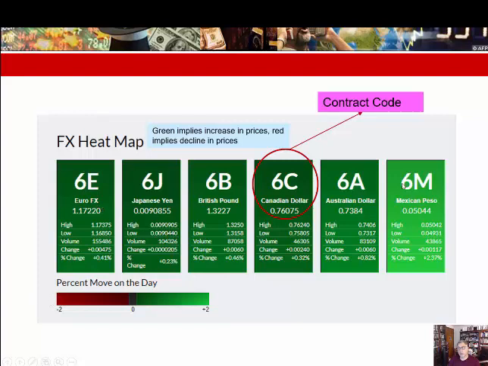So for each of these contracts, the US dollar price of each of these currencies has increased. As a result, we have greens in each of these contracts. The largest increase occurred in the Mexican peso in dollar terms, so it went up by about 2.37%. And it looks like there is a reasonable volume here, with 3,865 contracts traded.